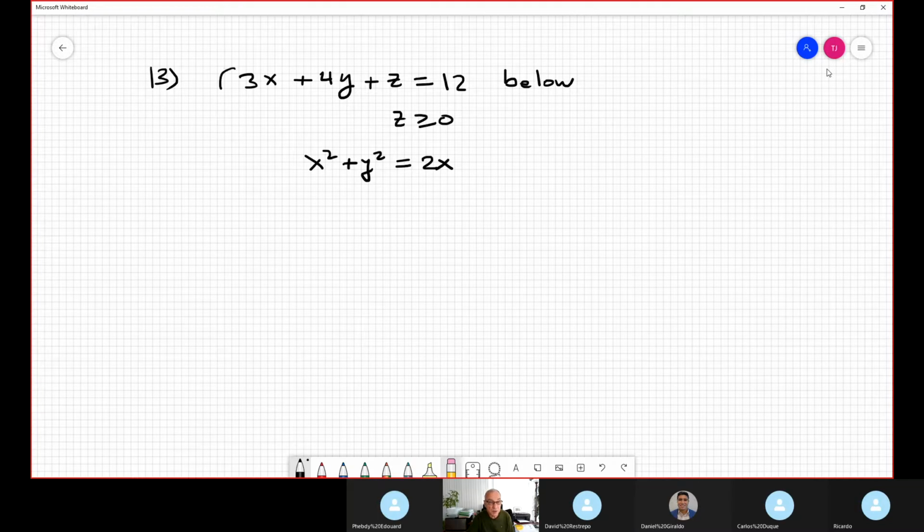So this is our solid T, defined by that.